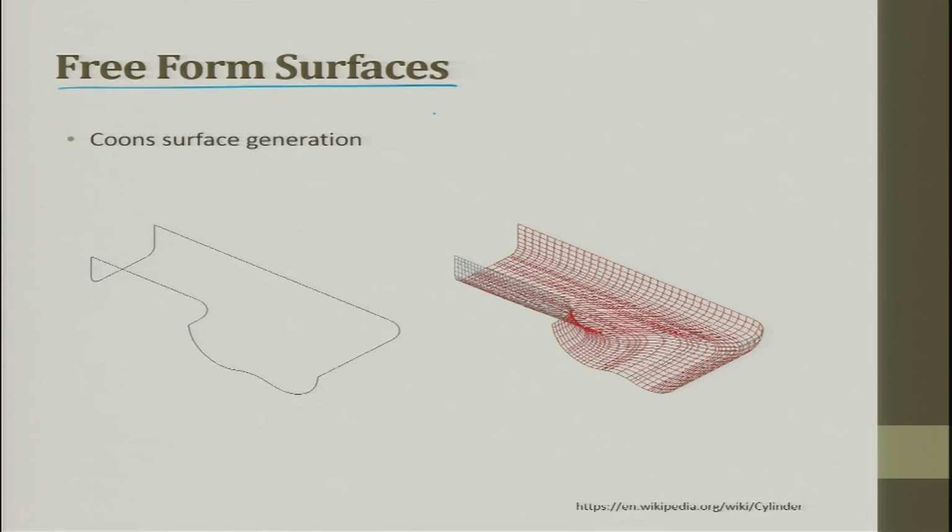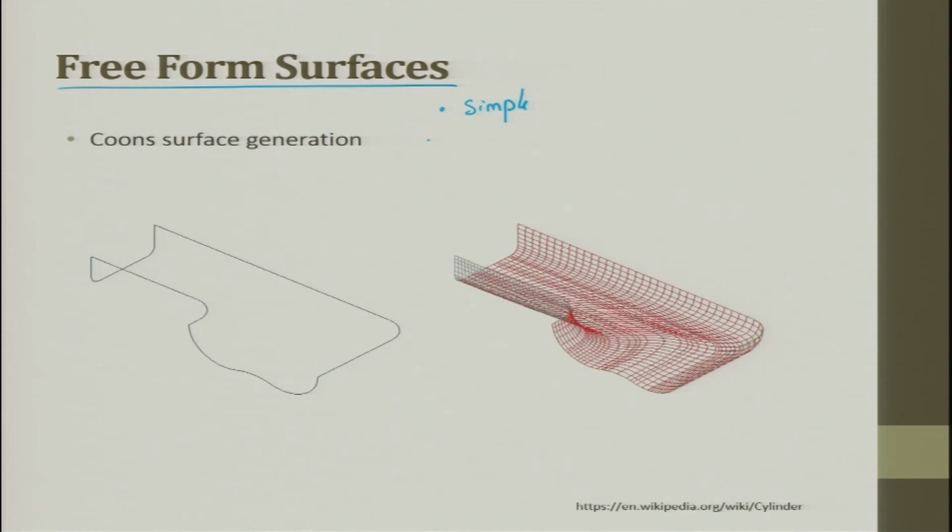Kuhn surfaces are relatively simple, a next step from whatever we have studied in 2D, and then we saw translation, rotation, and the next step moving towards 3D is going to be with free form. In 2D also free form surfaces are very important. So, we will see how to draw a curve and other things.